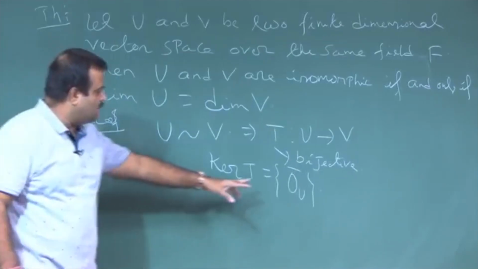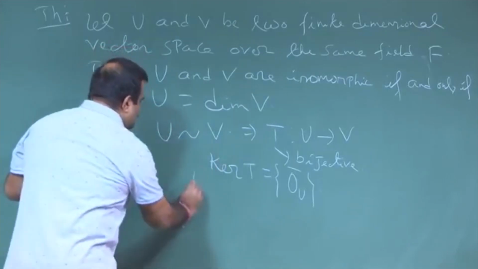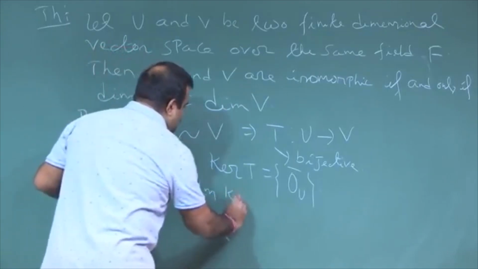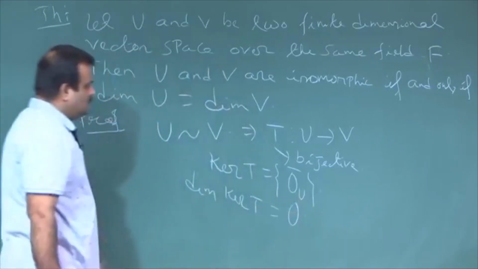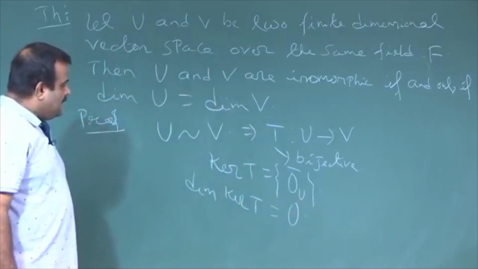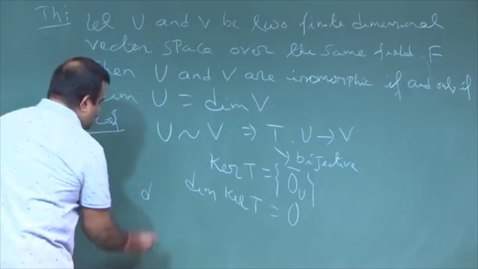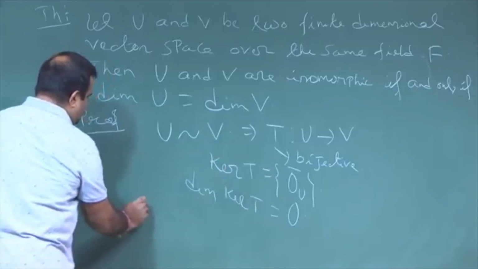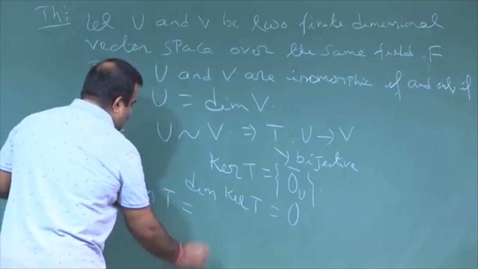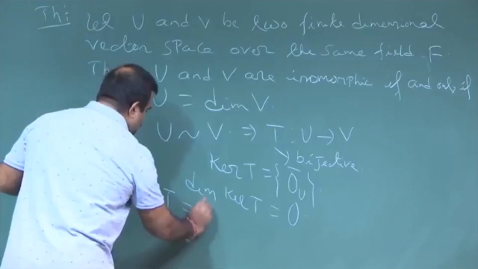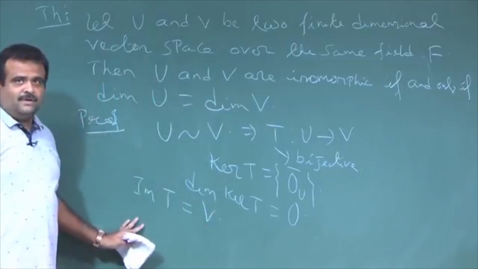Only 0 will map to 0. Now, the kernel is the 0 vector, so the dimension of the kernel is 0, and T is onto also. T is onto means the range of T is basically V, because it is an onto mapping.